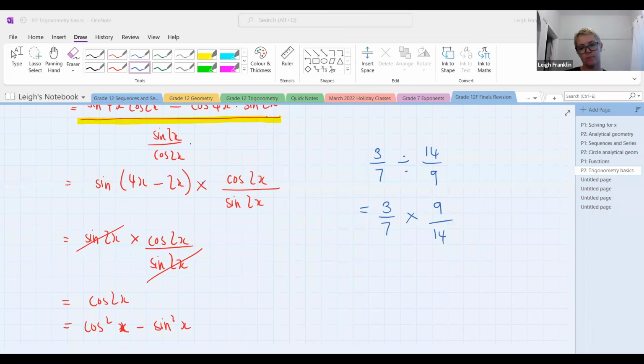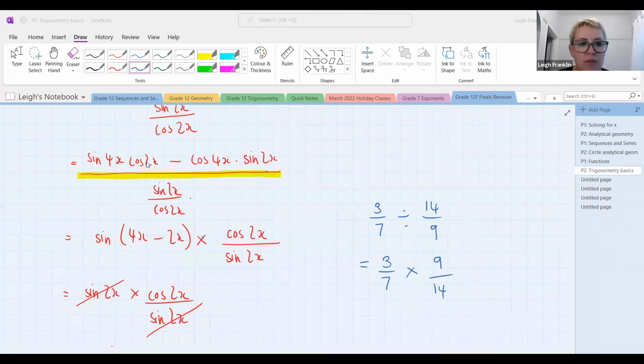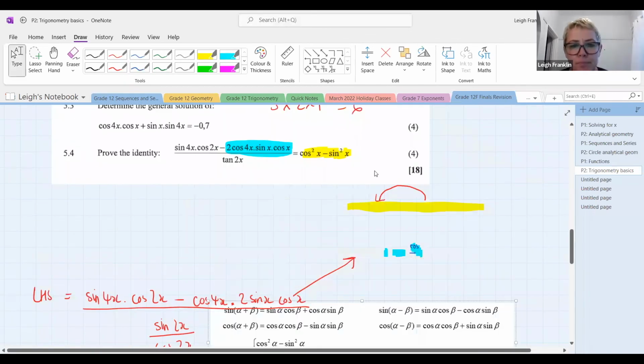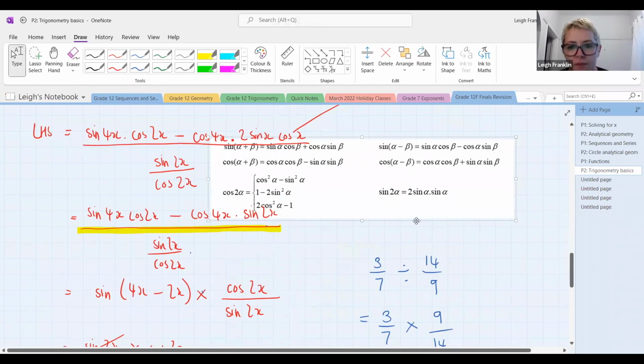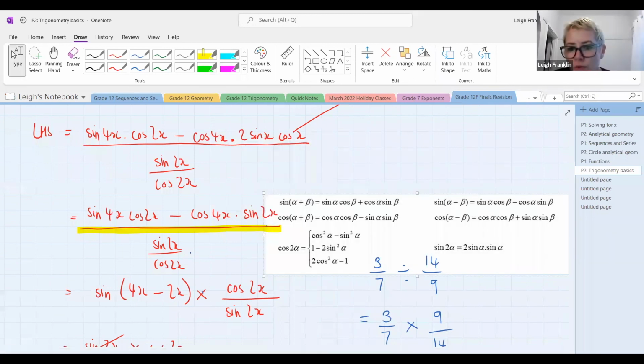Ma'am, I wanted to ask about the sine 4x minus 2x. How did you get there, ma'am? Okay, so the sine 4x minus 2x, this is your compound angle. Let's just bring this down here. If you have a look here, Bonolo, at what's on the right-hand side, that's exactly what you've got in the numerator over here. Can you see that?